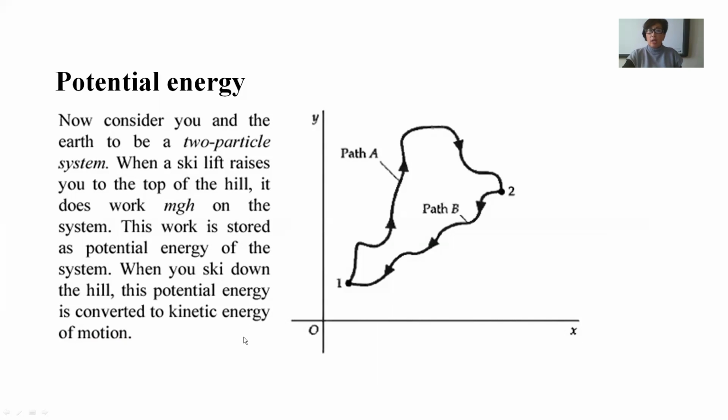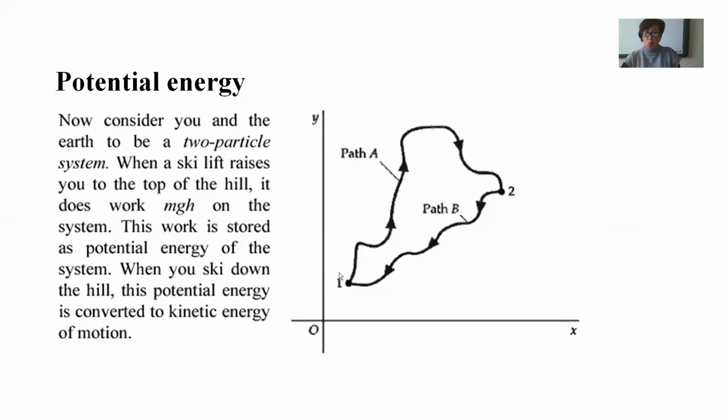When the ski lift raises you to the top of the hill, it does work mgh on the system. This work is stored as the potential energy of the system.